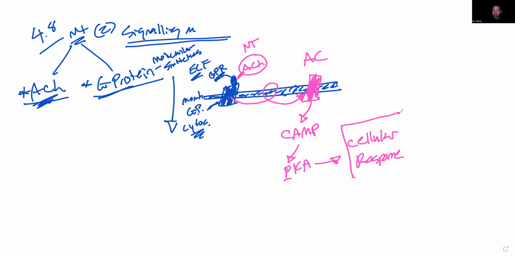A good example of a cellular response that you would have with protein kinase A is going to be something like increasing calcium in your heart. You increase calcium in the cardiac tissues, like the cardiac muscle. So that would be a cellular response inside of the cell.